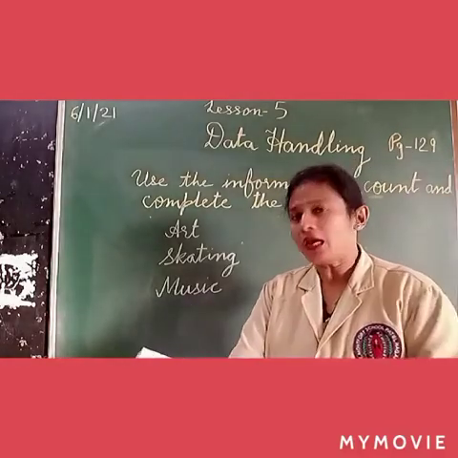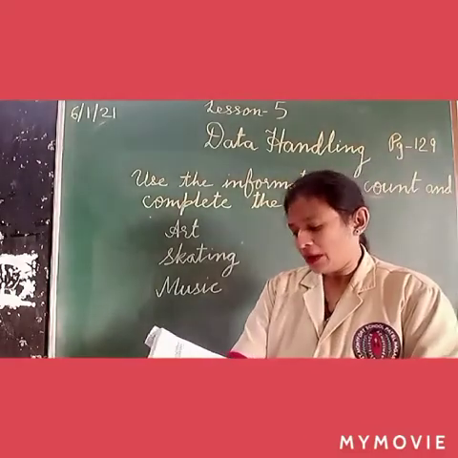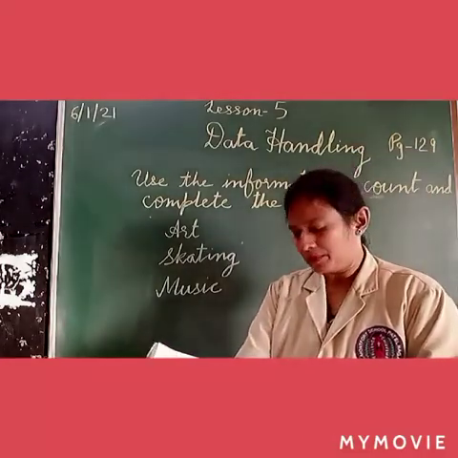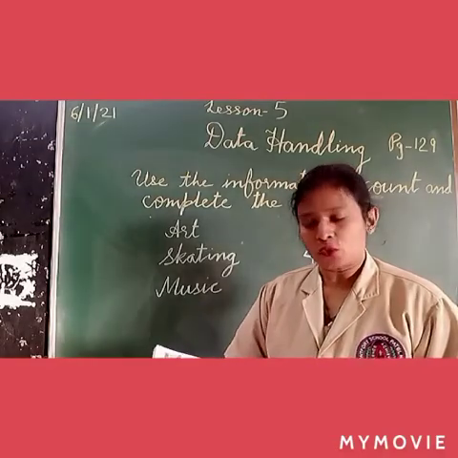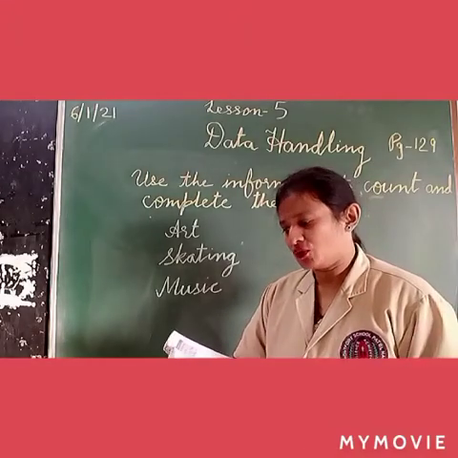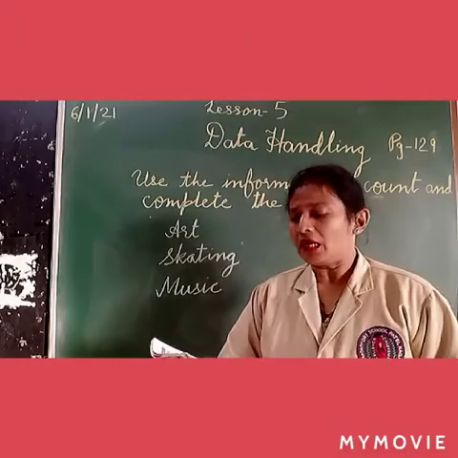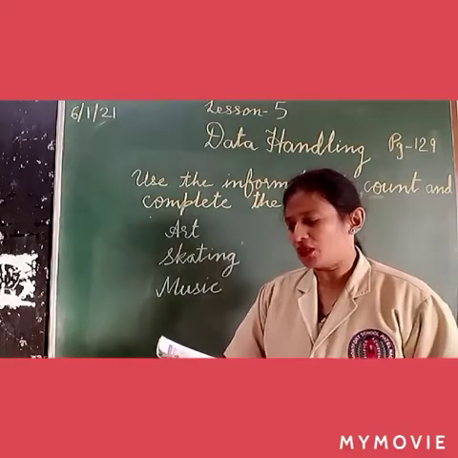Now, let's see how many chose music as an activity for summer camp. Student 6 has chosen music. Student 8 has chosen music. Students 10, 11, 12, 13 and 15 chose music.